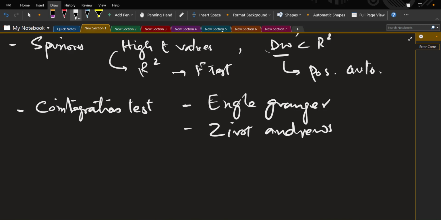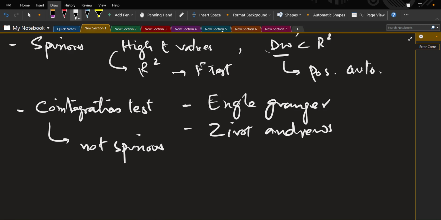This is a unit root test for structural breaks, and it can also be used to check for co-integration. So there's Engle-Granger, and there are some other tests developed to check for co-integration. If there is co-integration, then there is a hint that the regression is not spurious. So we have one hint.